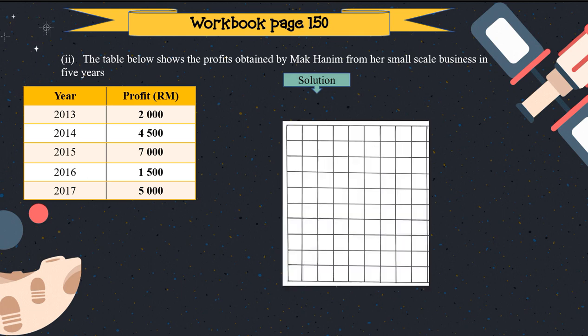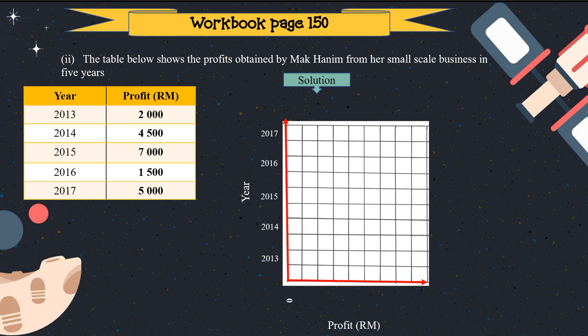Okay, so this is your graph paper, square grid paper. So this is the vertical axis. Because we want to construct the vertical bar chart, for this one we have to use year here. And then on this horizontal axis we use the profit.